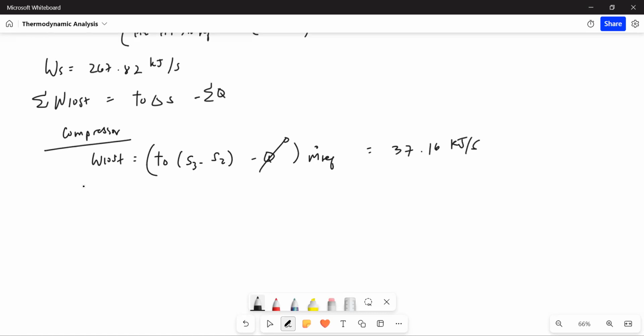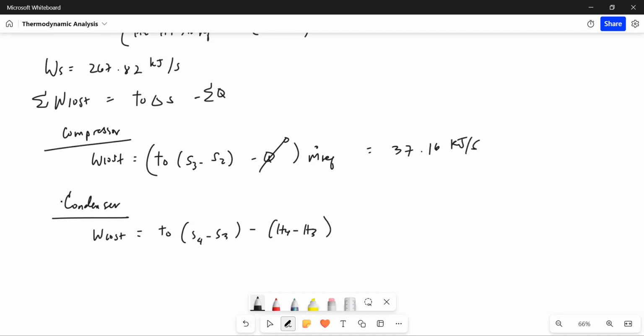Okay. And then let's move on to the condenser. The work loss is T naught times S4 minus S3, minus Q, but for the condenser there's heat transfer, H4 minus H3.